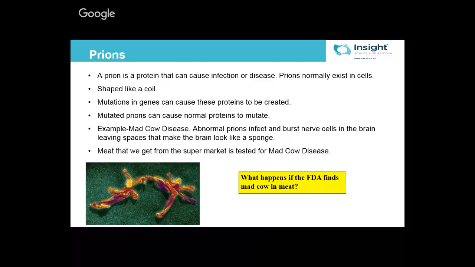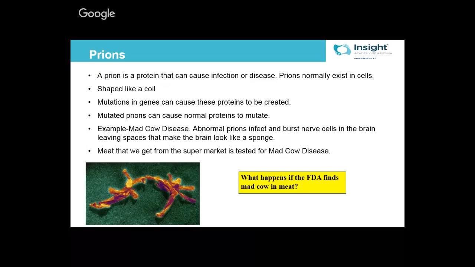When we get our meat from the grocery store, the FDA monitors the herds of cattle or pigs or sheep, and they test for mad cow disease.